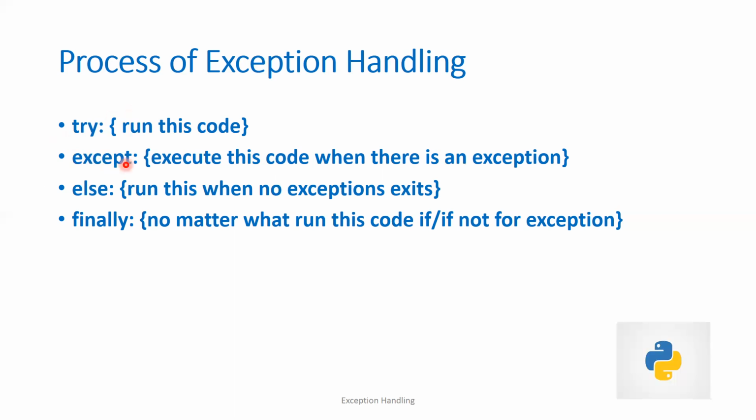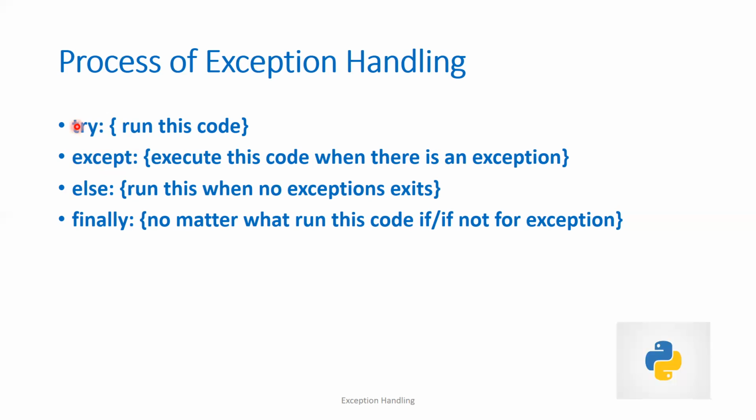And what happens with else? Else means run this block when no exceptions occur. That means when the except block is not executed, the control moves to the else block.